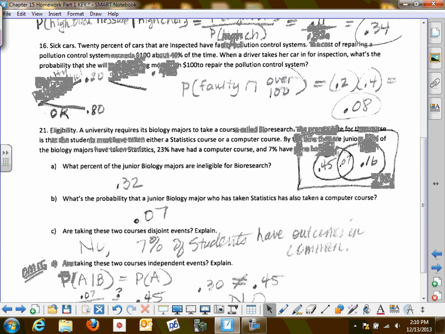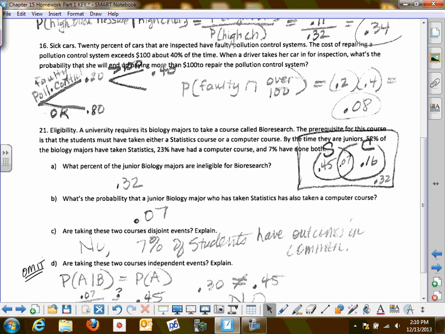Okay, number 16: the cost of repairing the pollution control system exceeds this 40% of the time. So we know that when a driver takes his or her car in for inspection, what's the probability that he or she will end up paying more than $100 to repair? In order to have to do the repair, what's going to happen? They're going to have a faulty control.